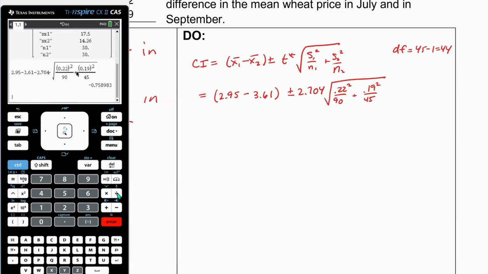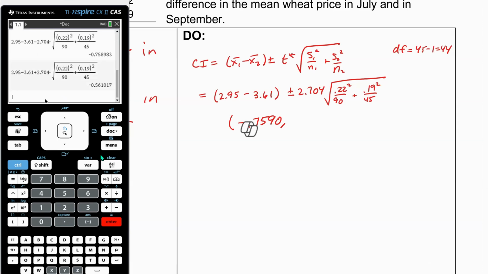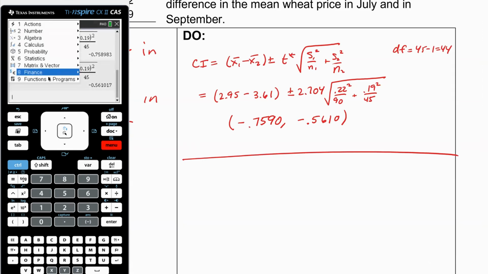So using the formula, our lower bound is negative 0.7590. And if we were to adjust this to a plus the margin of error, our upper bound, negative 0.5610.